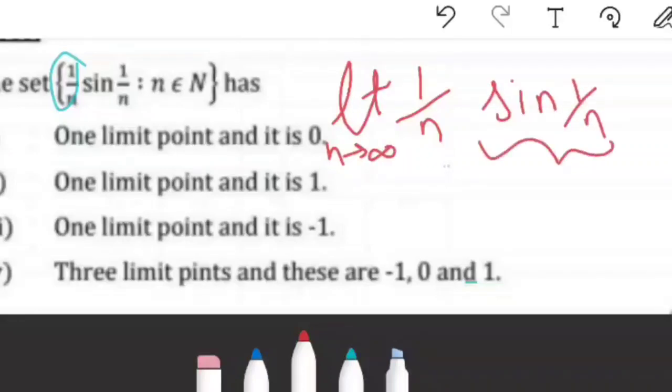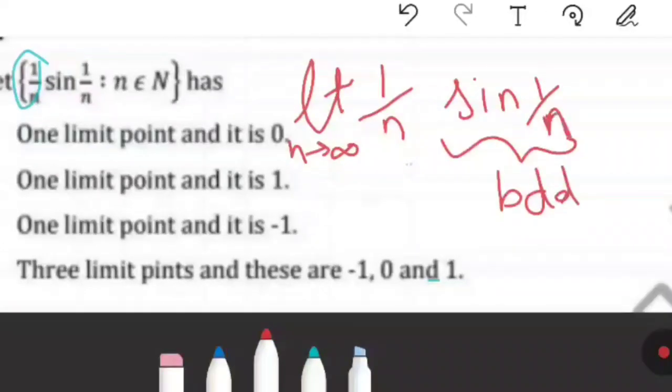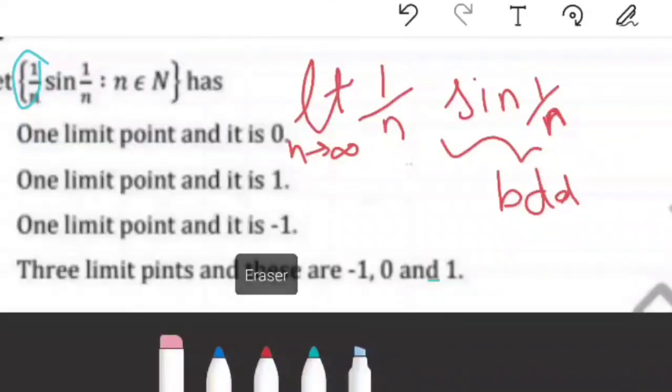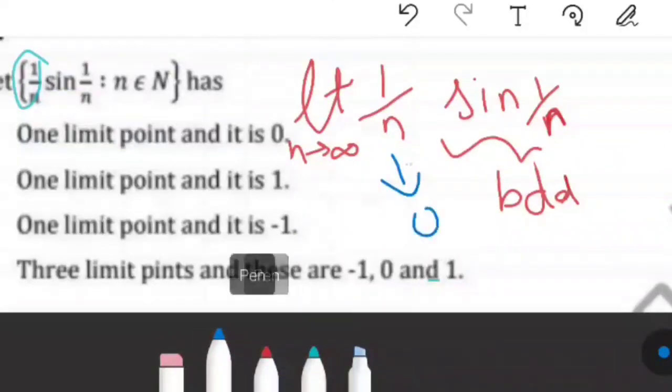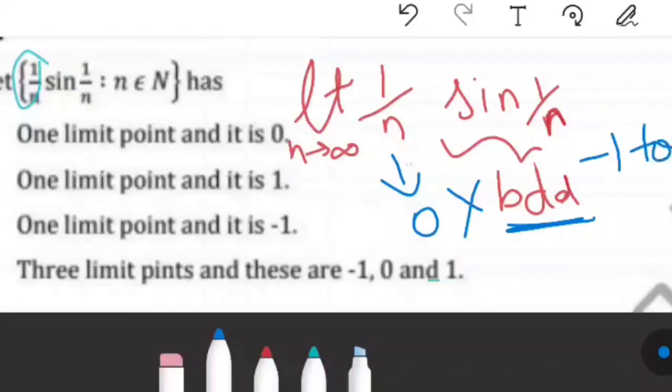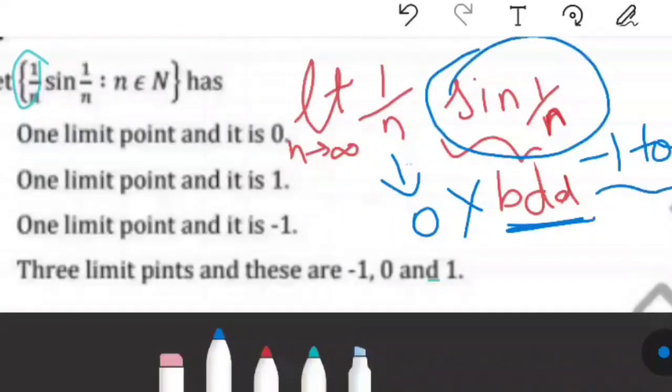So this is bounded. However n varies, whether n becomes infinity or n becomes more than some k, whatever the numbers are, it is bounded obviously, right? So 1/n tends to 0, so 0 into something that lies between -1 and 1, because sin(1/n) lies between -1 and 1, but in the graph it is actually from 0 to sin 1 only.